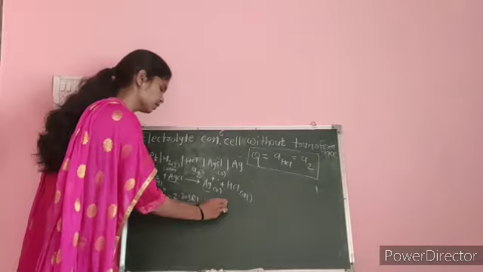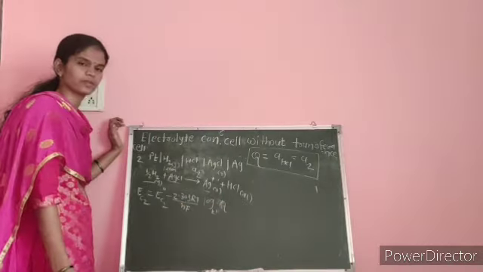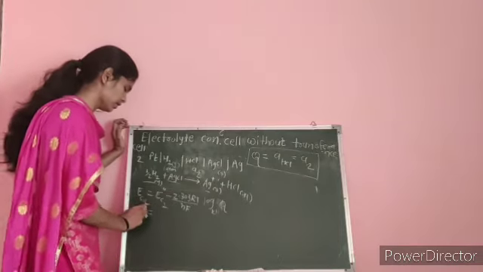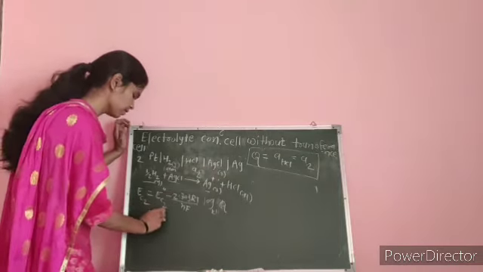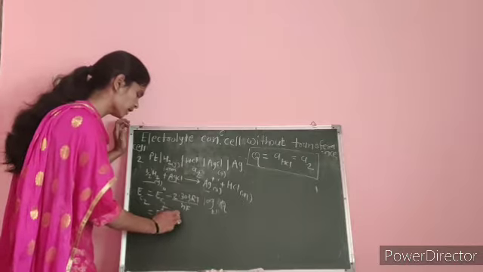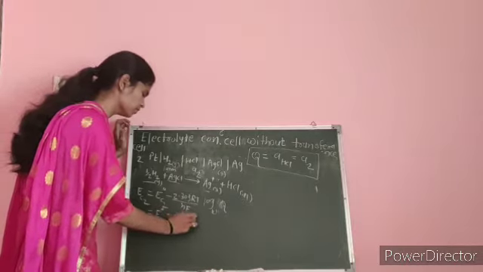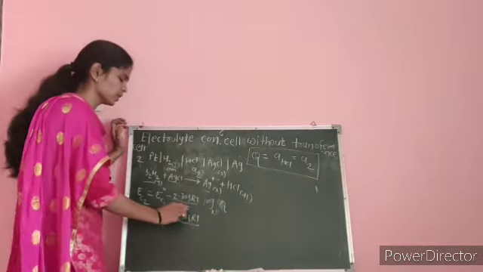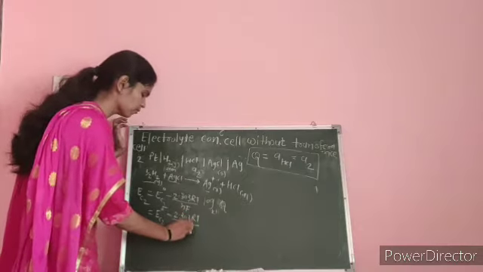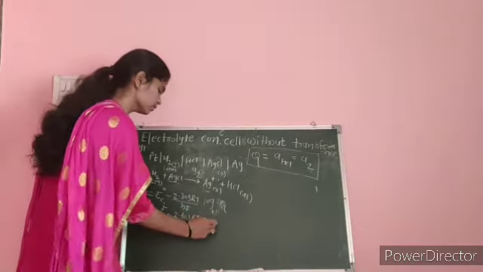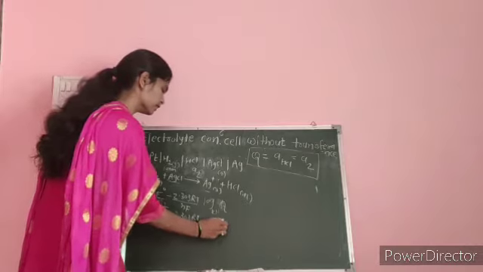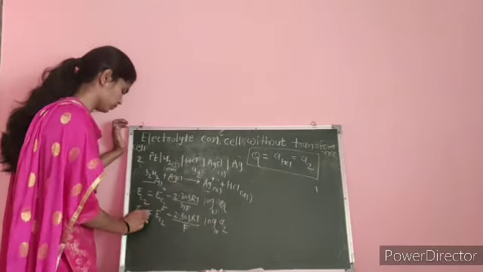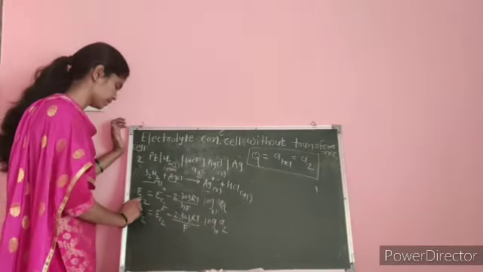Put in this value: EC2 is equal to E naught C2 minus 2.303 RT upon F, since N is equal to 1, log to the base 10 of the activity A2. This is equation second.